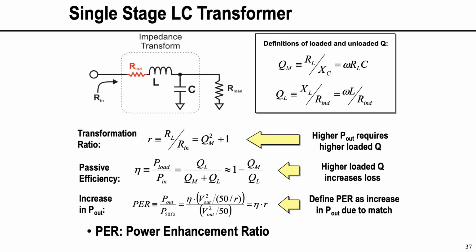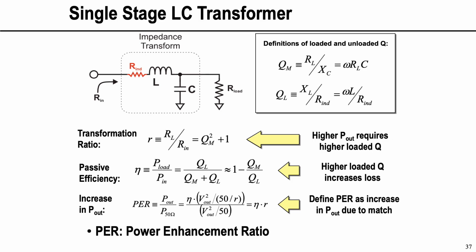So imagine that you have a single stage impedance transformation, an LC transformer, and see how that performs. Again, it's a pretty straightforward circuit. It's an inductor and capacitor, and let's assume that your only source of loss is coming from your inductor, and it has some loss that can be modeled as some series resistance. That's captured by some quality factor.